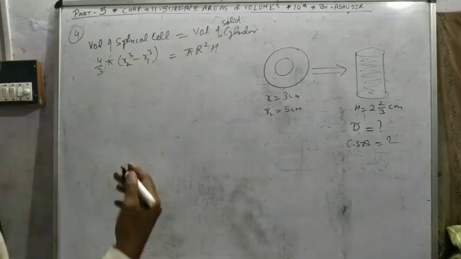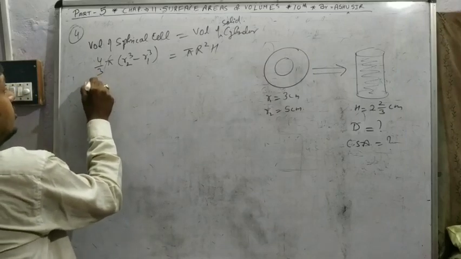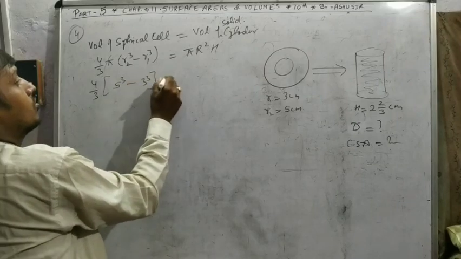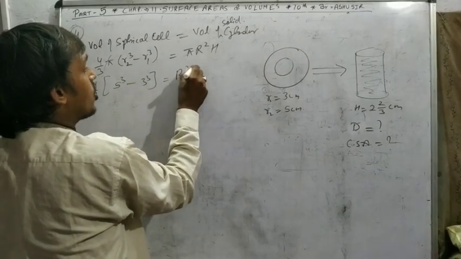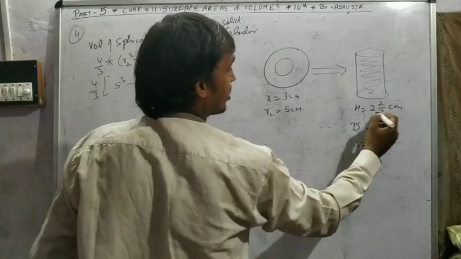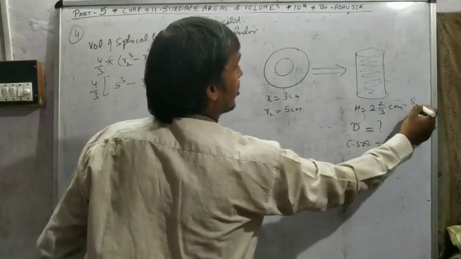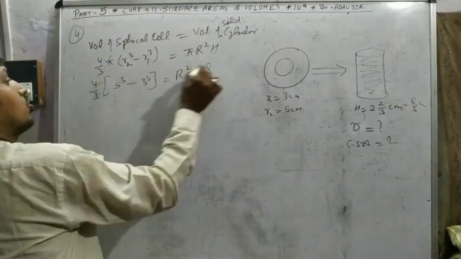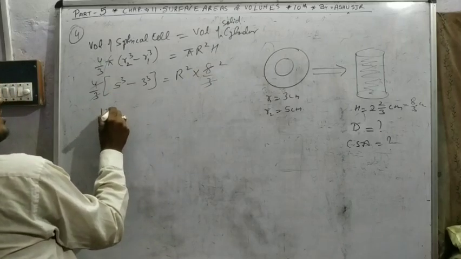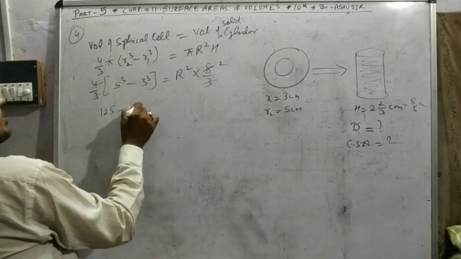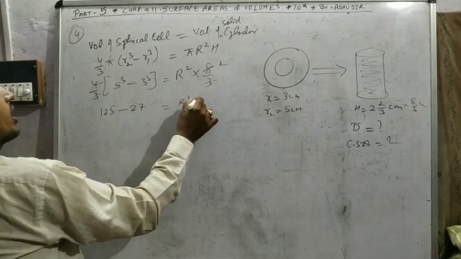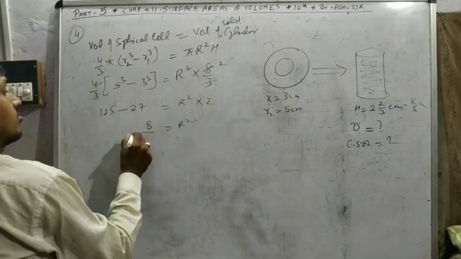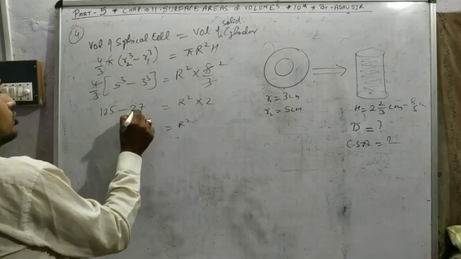Pi cancels. Here 4 upon 3, 5 cube minus 3 cube, and r I don't know, h is given. 3 into 8 by 3, 8 by 3, 3 cancels. 4 into 8 cancels. 125 minus 27 is equal to r square into 2. 15 minus 7, 8. 11 minus 2, 9.